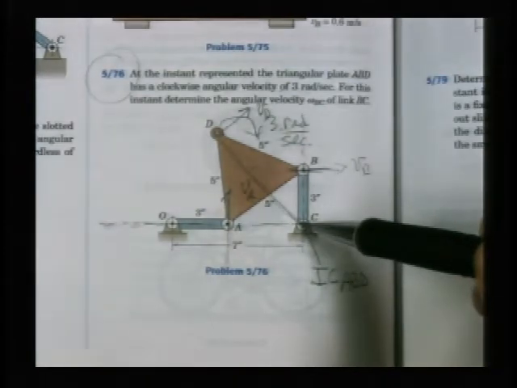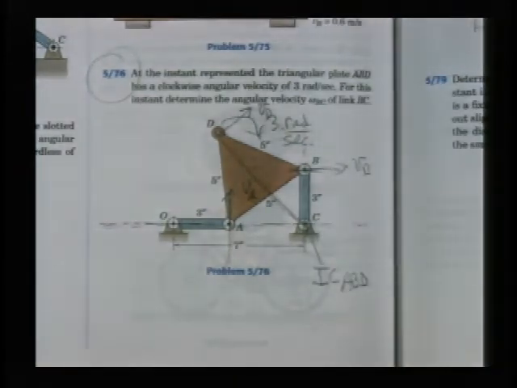So anyway, you can use this as a handy tool.